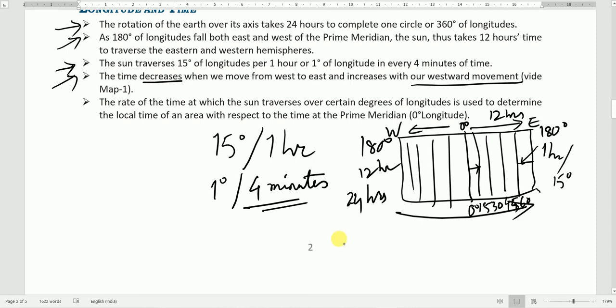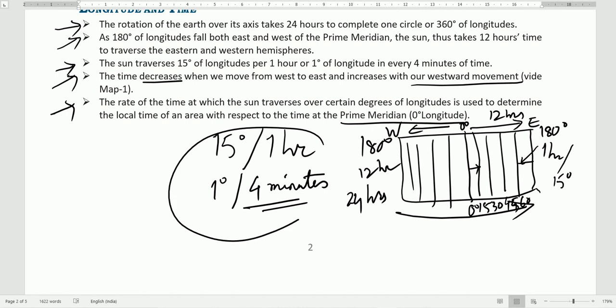And the last point, the rate at which the sun traverses over certain degrees of longitude is used to determine the local time of an area with respect to the time at the prime meridian. So with reference to the time at the prime meridian, the time of a place is determined using this statement.